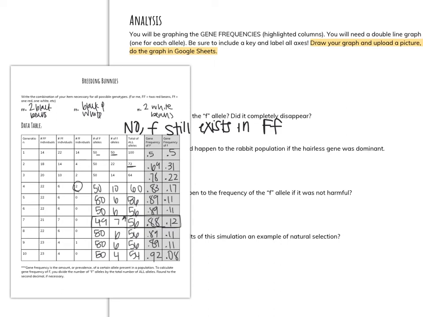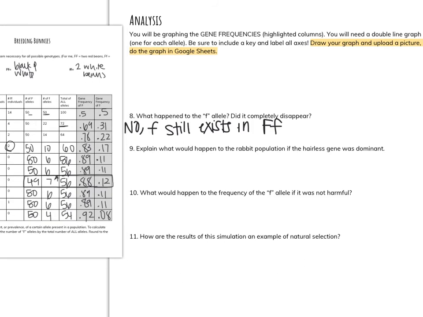So that population is already pretty small, because even though you started off with 50 little f alleles, most of those little f alleles were found in these individuals, which are big F, little f. If the hairless gene is now dominant, all of these individuals would die, leaving you with only the little f individuals.